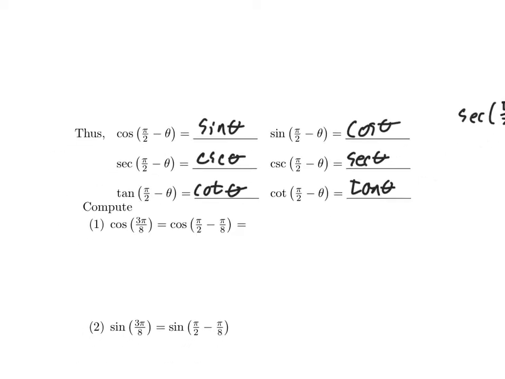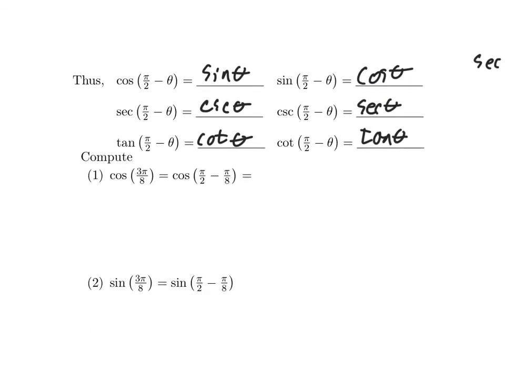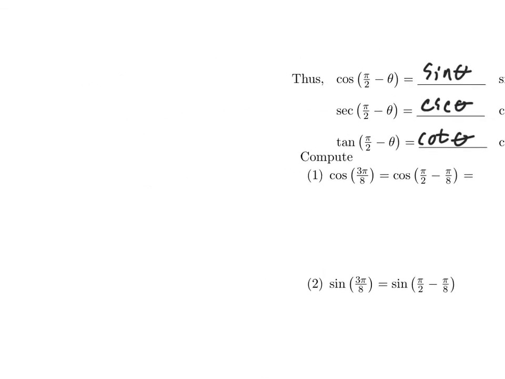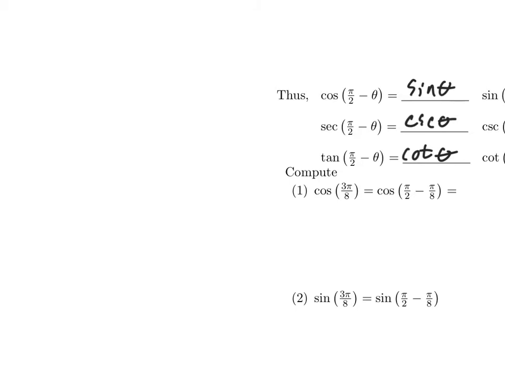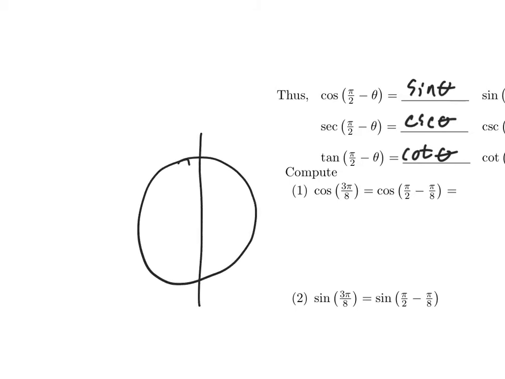Nice. So we can use this to do some computations. Let's suppose you want to know what the cosine of 3 pi over 8 is. Well, if you draw a picture of it, that's almost pi over 2, because 4 pi over 8 would be that, but then you go back by pi over 8.